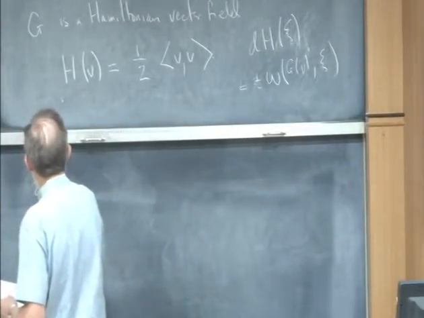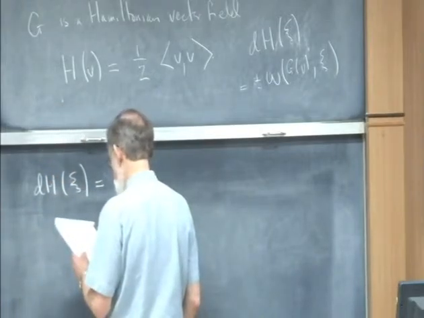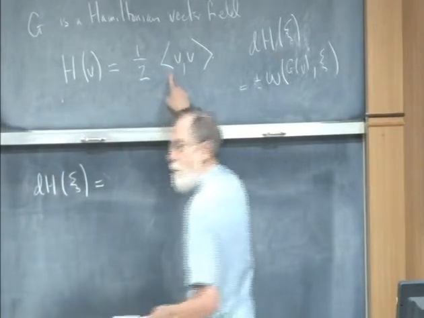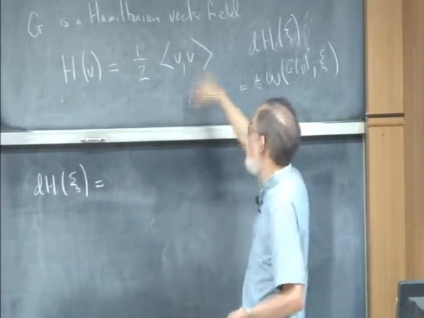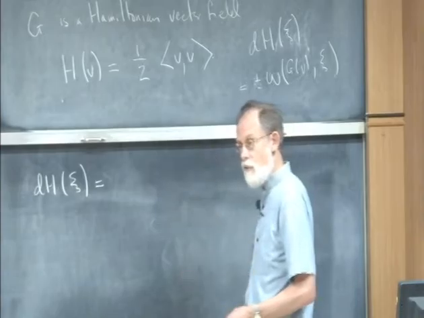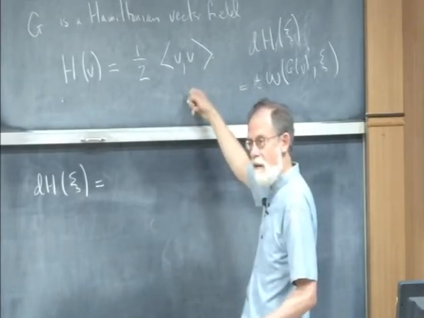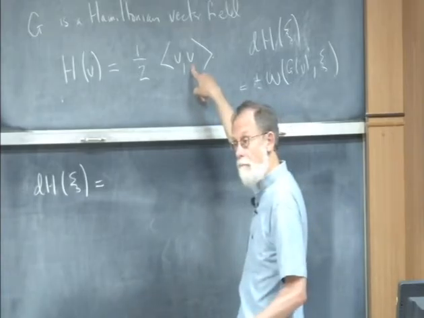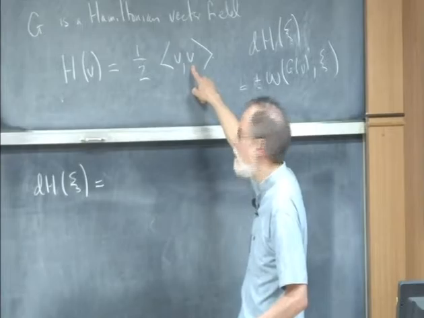What is dH of xi? Well, I start varying the vector v, I go off in the xi direction. Moving the foot point doesn't affect things. It's the vertical component that we need.